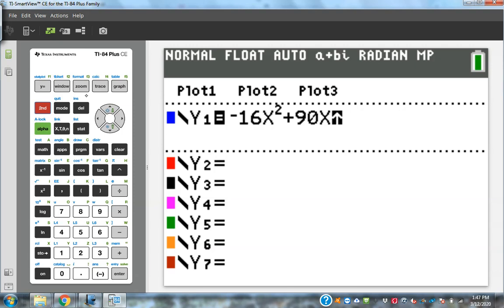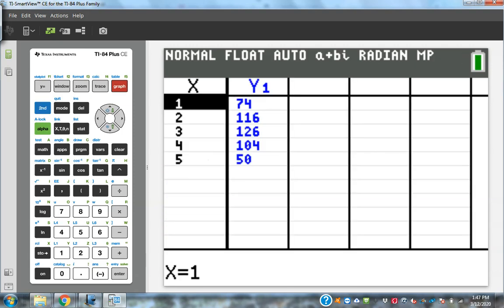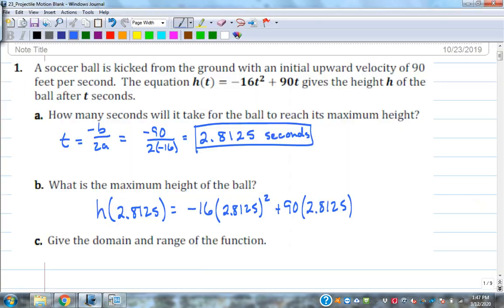And then I'm hitting second table, and I'm typing in 2.8125. 126.56. And I'm going to assume that that's in feet. Feet per second, so yeah, that would be feet. Is the maximum height of that.